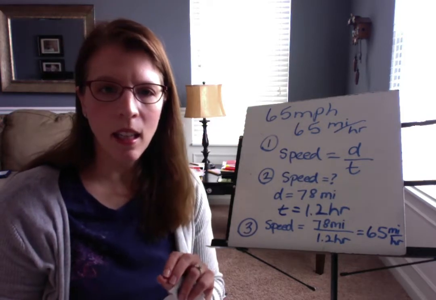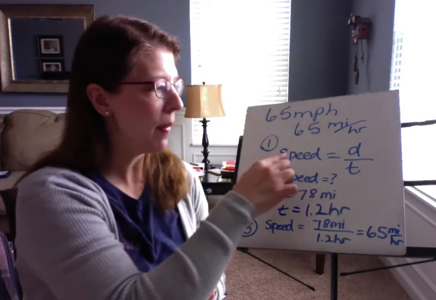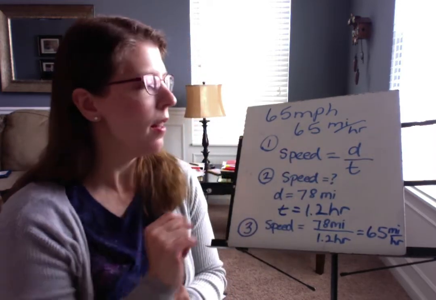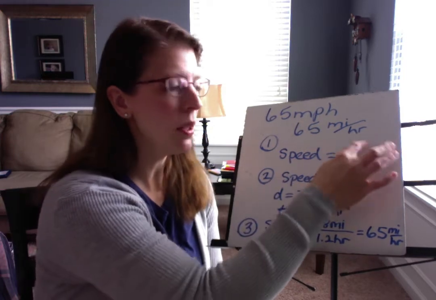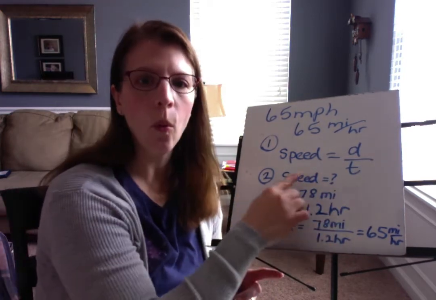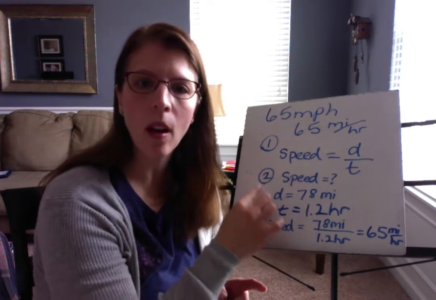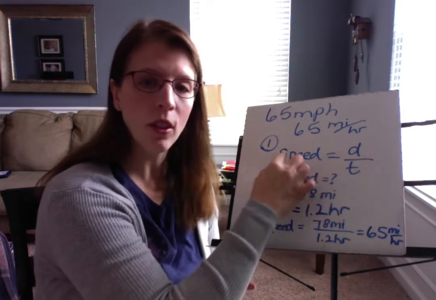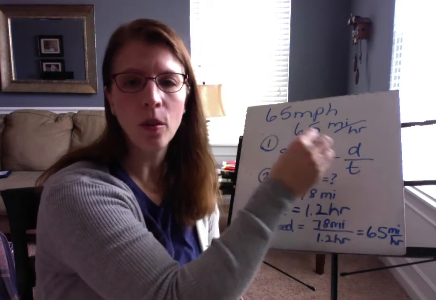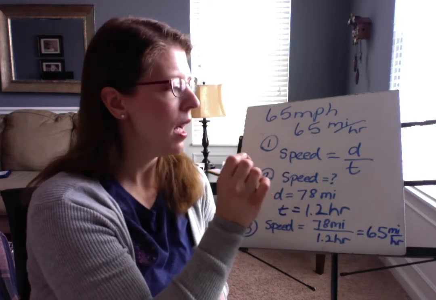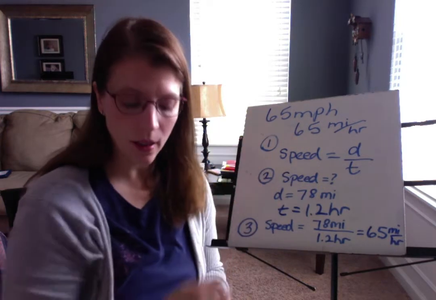A lot of these examples might give you the speed and the distance, and you have to figure out the time. They might give you the speed and the time, and you have to figure out the distance. So figure out what things they gave you and what thing they want from you. And then you might have to use algebra to rearrange your equation in order to get your answer.